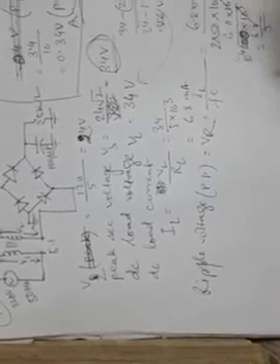So in the numerator 6.8 into 10 to the power minus 3, and in the denominator it is 100 into 100, that is 10 to the power 4. 6.8 into 10 to the power minus 3 by 10 to the power 4 into 10 to the power minus 6. So it is minus 3. So it should be 6.8 divided by 10.